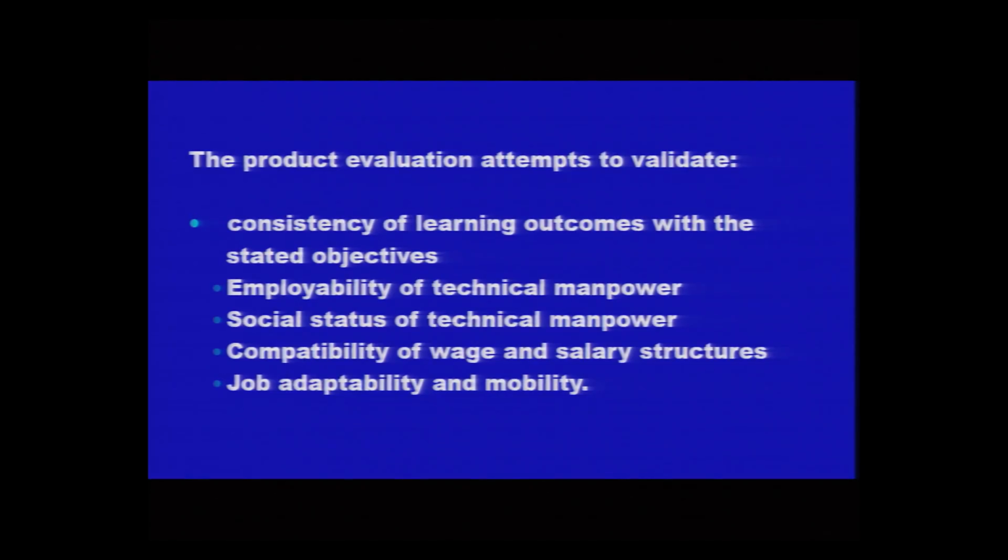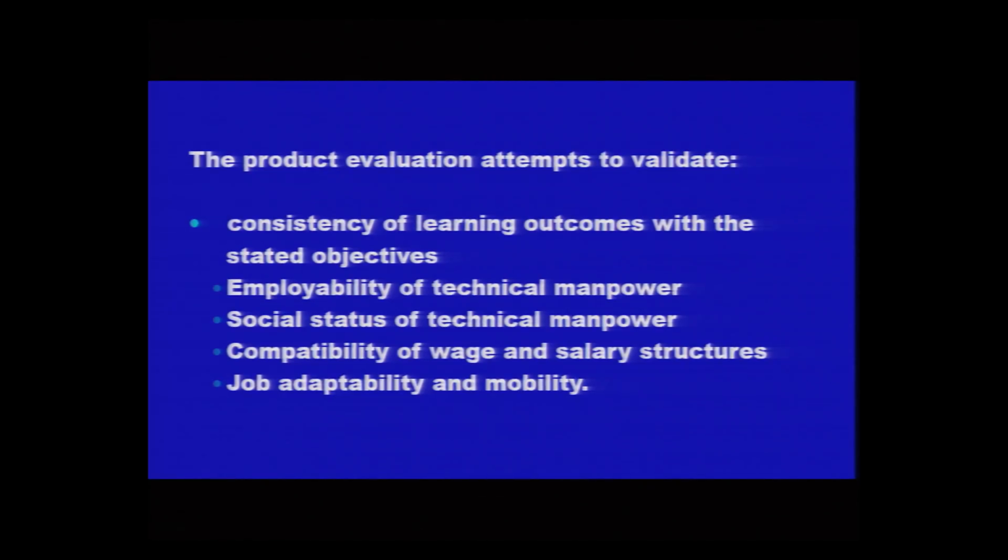Then what is the social status of technical manpower? Whether they are properly recognized in the society or not, or they are properly recognized in the industry, because from this we will know whether our curriculum has been implemented in the right spirit or not, or whether the course objectives identified during the curriculum design stage are consistent with the requirements of the industry.